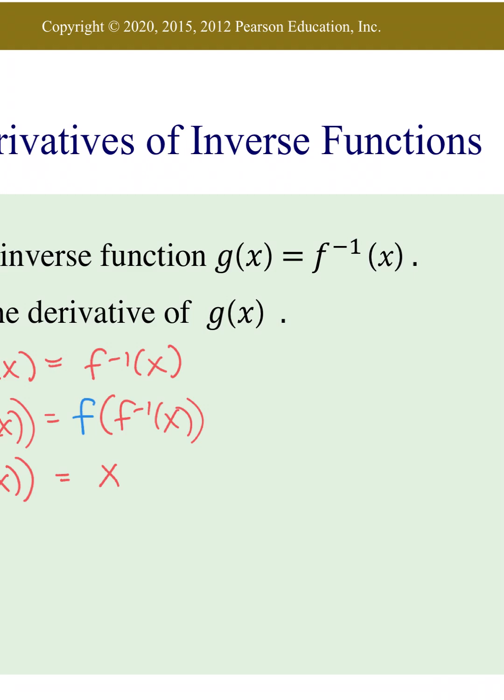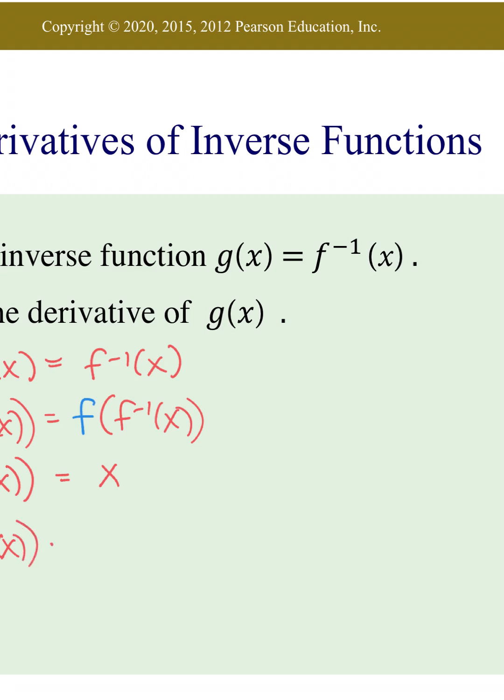What derivative rule do I have that helps me with the left? Chain, okay? The chain rule. The chain rule says deal with which part of it first? The outside. Doing what with the inside? Nothing. Then deal with the inside. All right, let's deal with the outside first. What's the derivative of f? F prime. What do I do to the inside? Nothing.